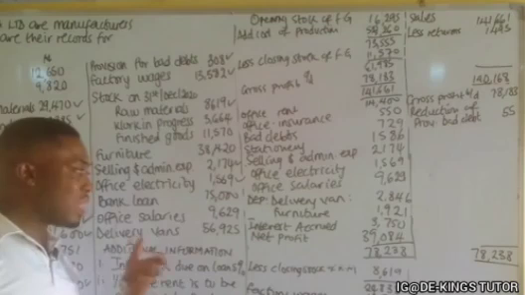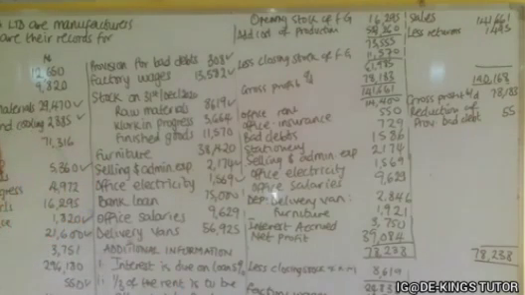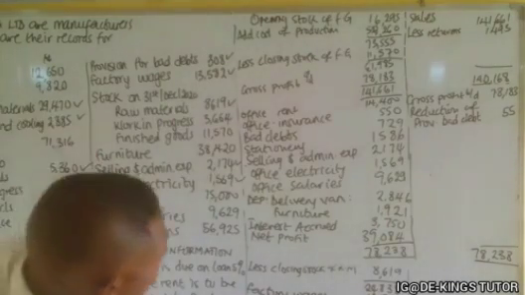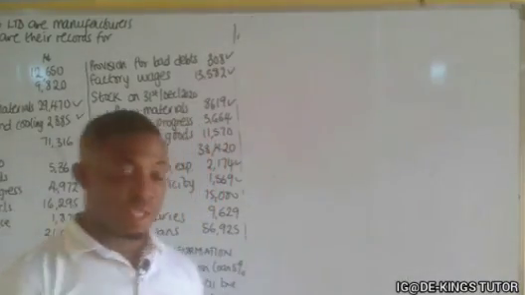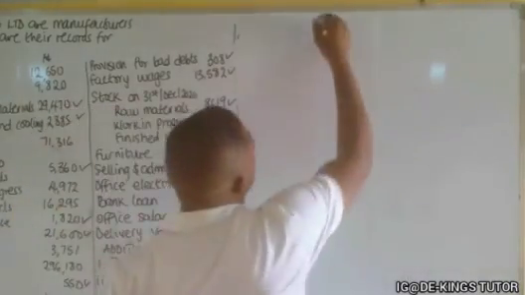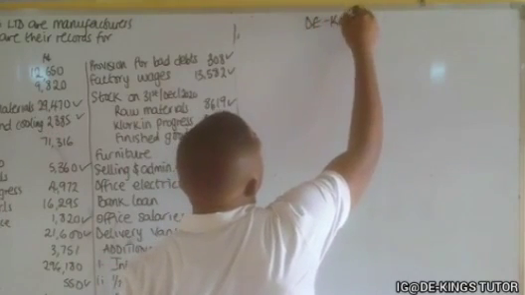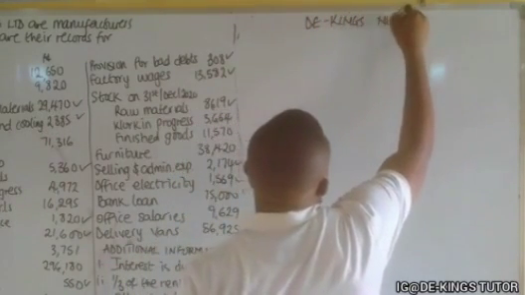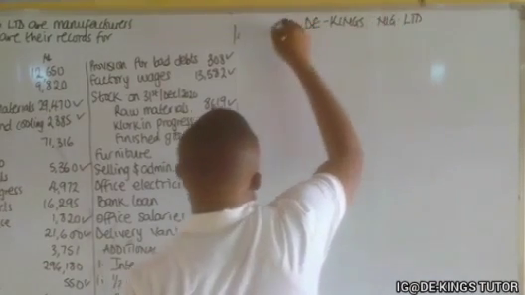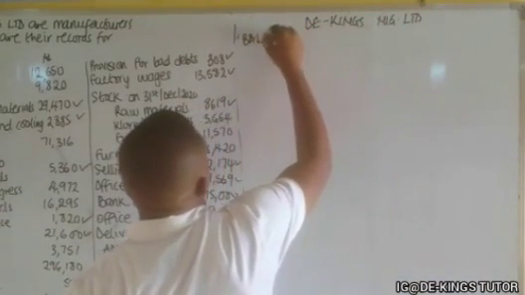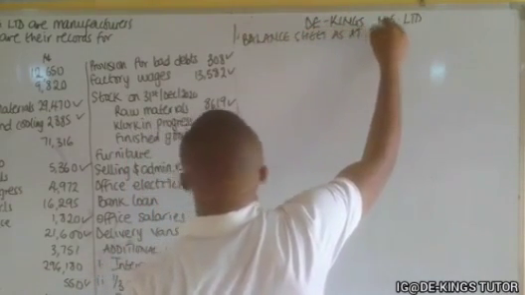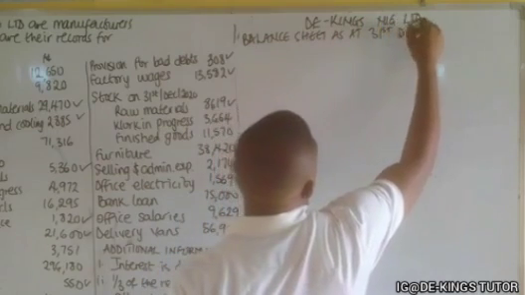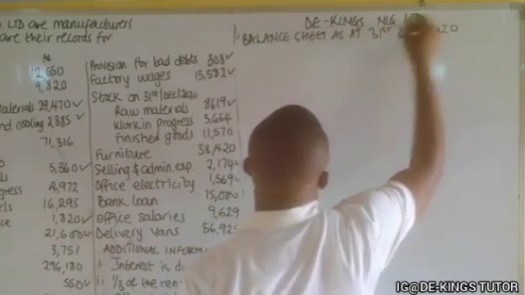Okay, so they said we should prepare both the manufacturing and the balance sheet. Now let's prepare the balance sheet in order to record this. So we said the Kings Nigeria Limited, so call it balance sheet as at 31st December 2020.